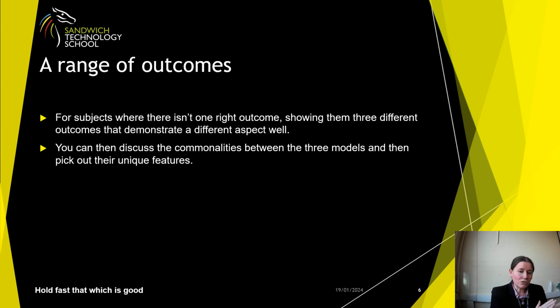But each of those drawings they've made in charcoal is highlighting a different aspect that's been done well. One might focus on the very realistic features, one might be a little bit more abstract, one might have really great use of shading. So what we can look at there are three different models, different outcomes of this same task that they are going to actually be undertaking, and you get to look at each one in turn and then pick out the good bits about it.